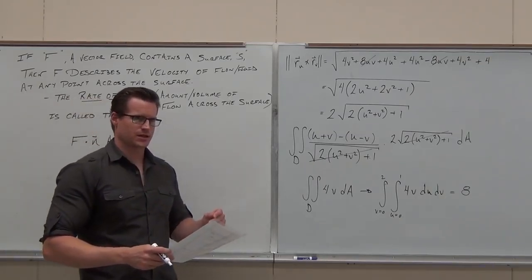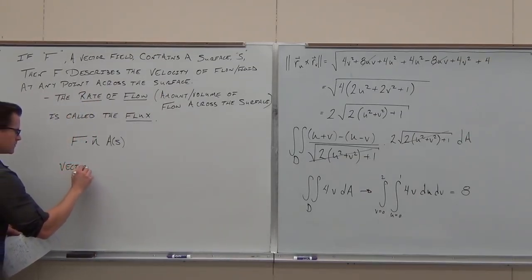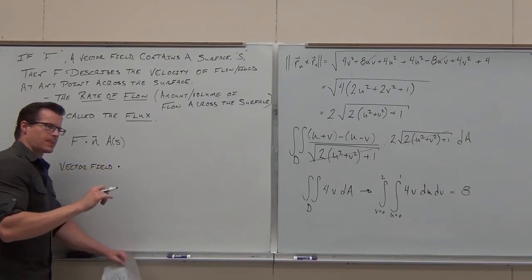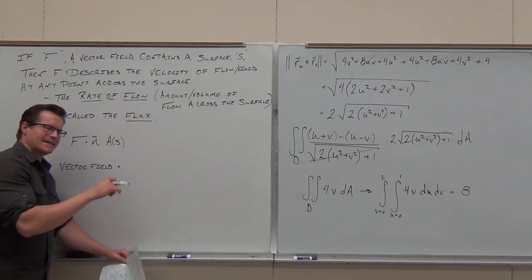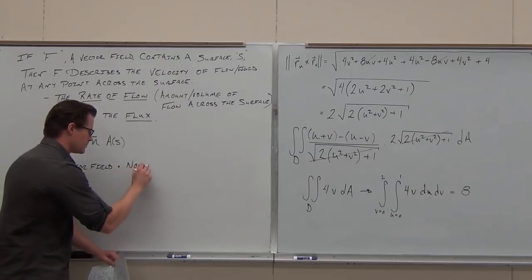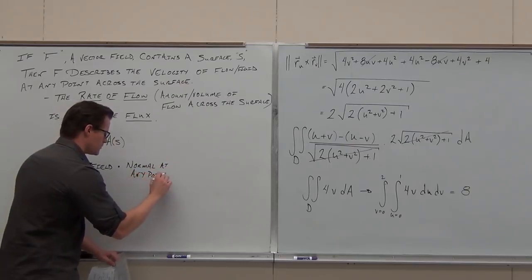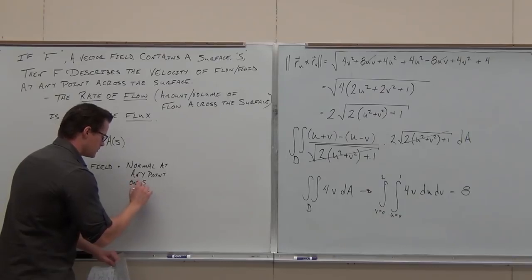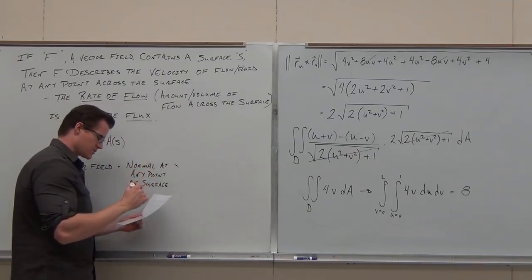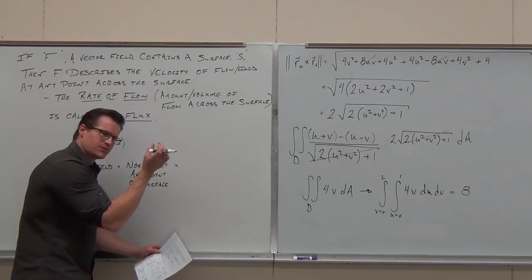You go, well, what's that? What does this really mean? This is a vector field dotted with the normal at any point of that surface. Not cross, just a little times multiplication, the area of a really small piece of the surface.